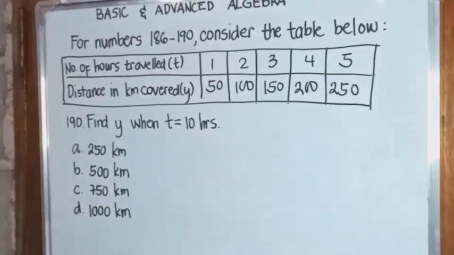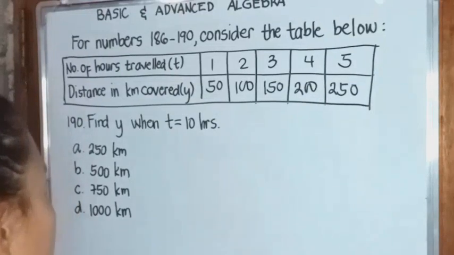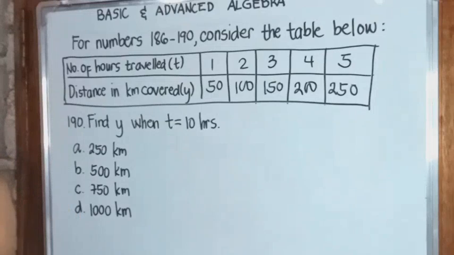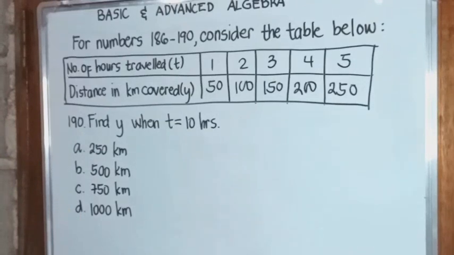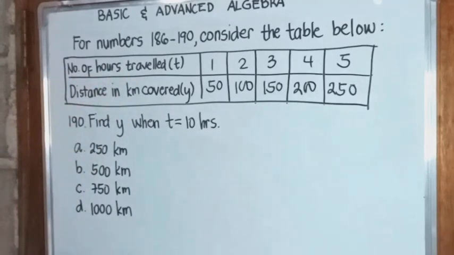For numbers 186 to 190, consider the given table below. For item number 190, the problem is to find the value of y, or the distance in kilometers covered, when the time given is 10 hours.